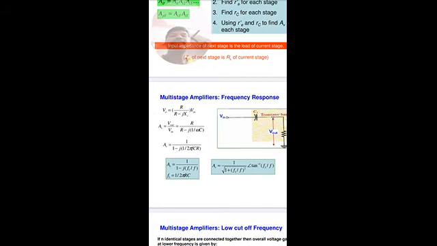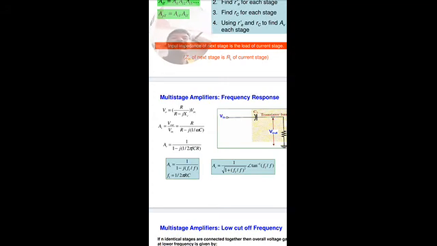So the voltage gain is given by R minus j 1 by omega C, or the voltage gain AV is equal to, taking R as common, 1 by 1 minus j 1 by 2 pi FCR, or we can write AV is equal to 1 by 1 minus j F1 by F, where F1 is equal to 1 by 2 pi RC.